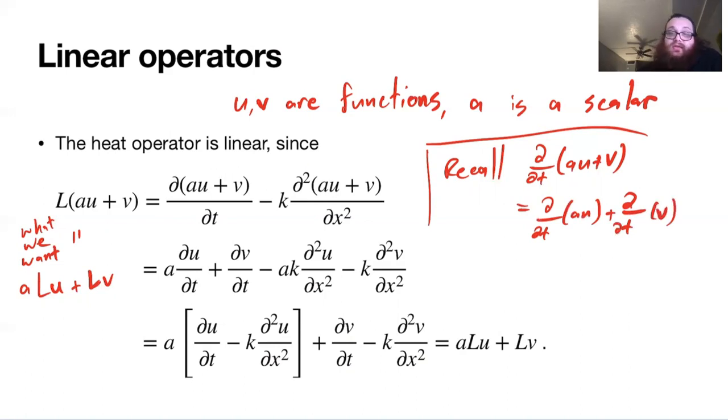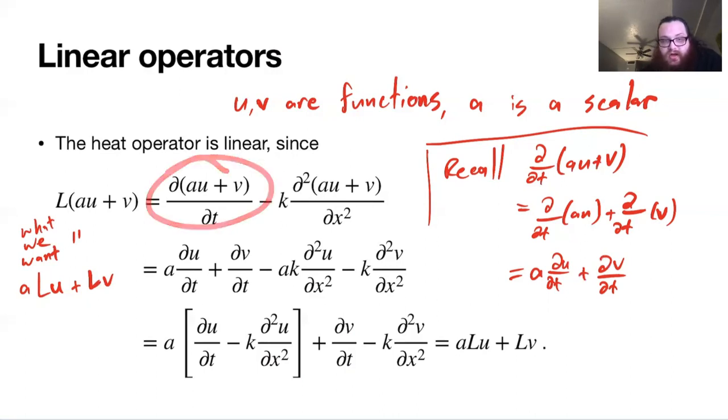And if you take the derivative of a constant times a function, that's equal to the constant times the derivative of the function. So this scalar A we can also pull out. So we get A du/dt plus dv/dt. Okay. So what that tells us is that this expression right here is equal to this, by linearity of the first derivative for one of the variables.